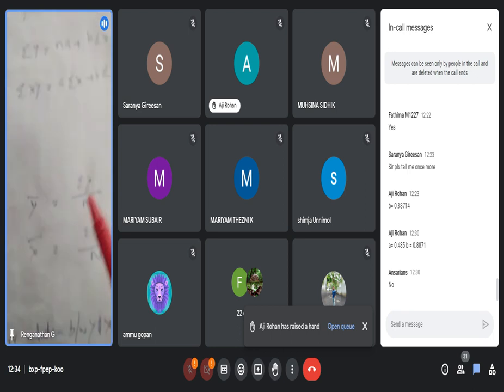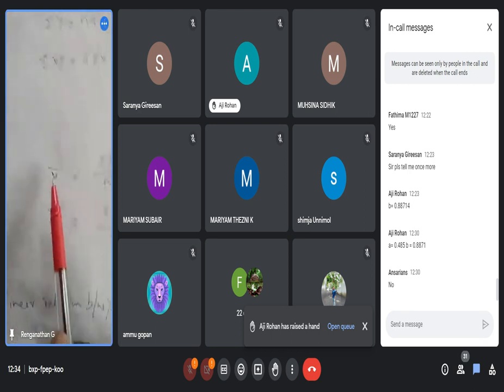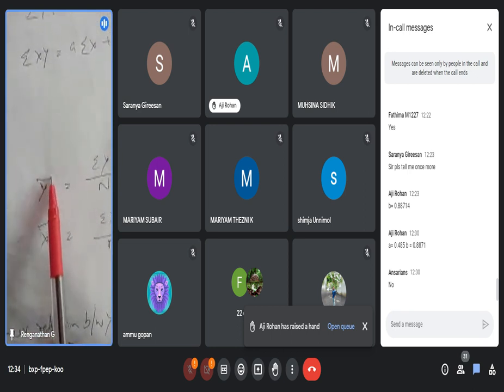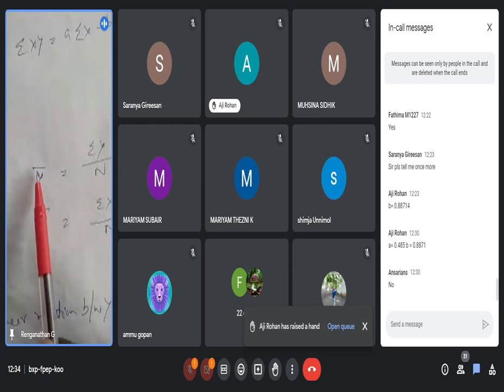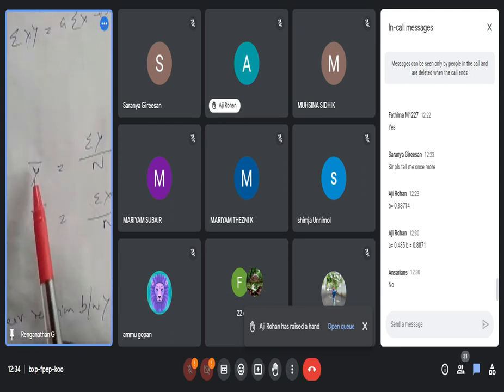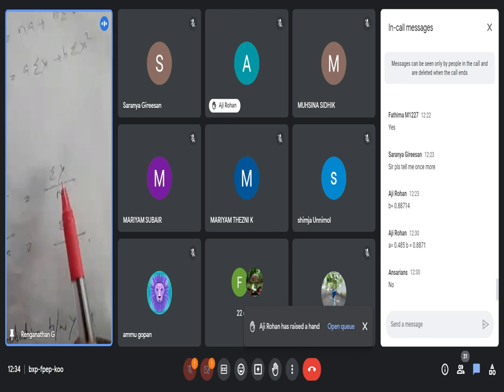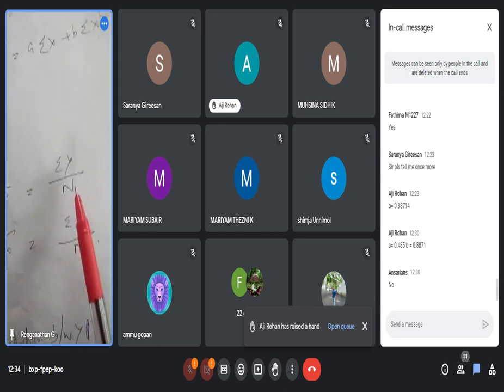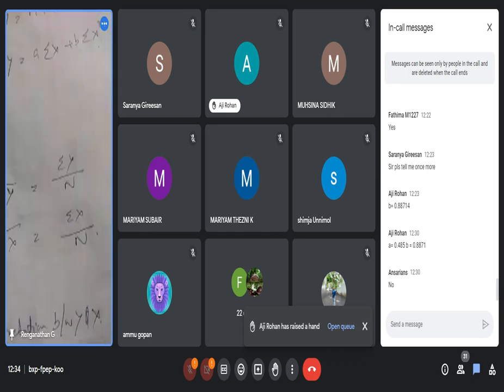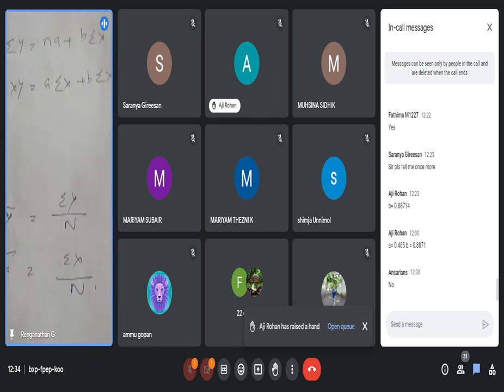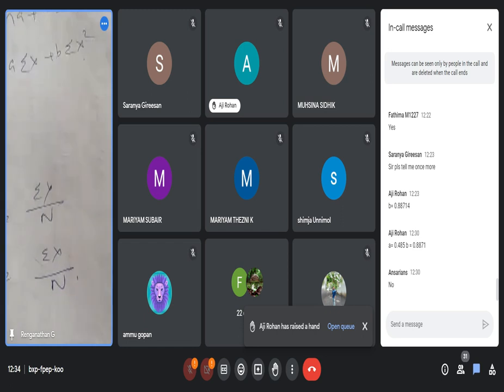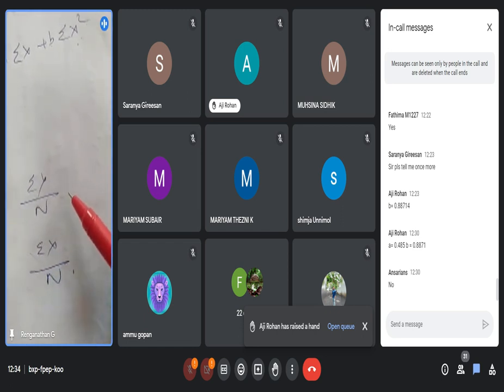In order to get the mean of y, which is noted here as y bar, y bar means mean of y is equal to sigma y divided by n. In your table, you already found the value of sigma y, isn't it? I think it is 43. So 43 by 10, that means 4.3. That is the mean of y.